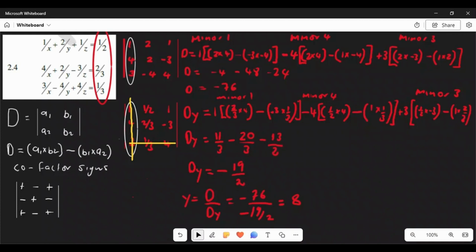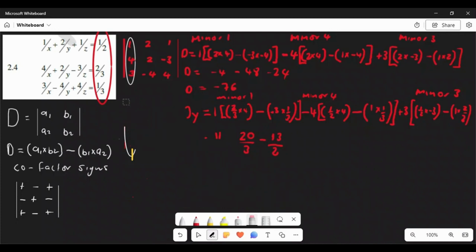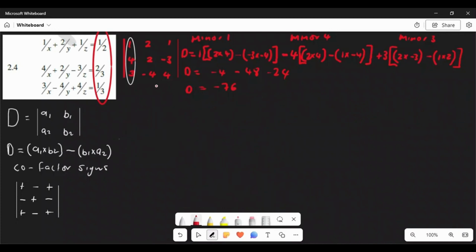Now it's time for us to do the last one, so I will have to erase this. Let's do the dz determinant. Remember, we need to find the determinant of z. This time around we're gonna move the answers to the third column, which is for z. So let's rewrite this.